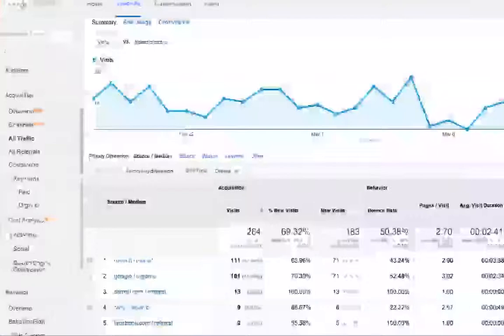Any closing comments on analytics? This is one of those things where over the long haul you want to look at trends, and that's what's really going to tell you what's going on with your overall marketing program.